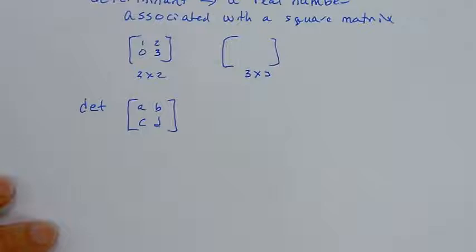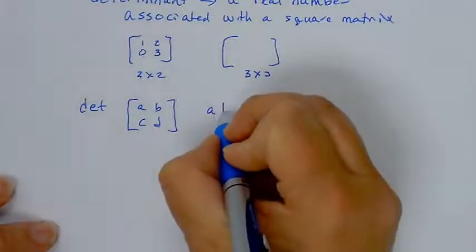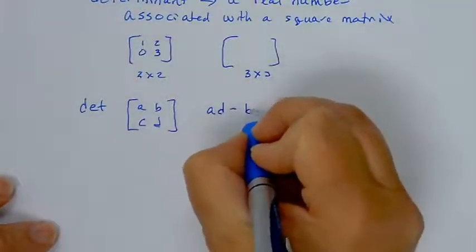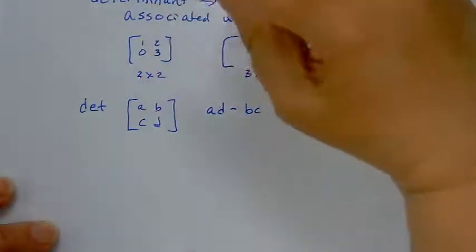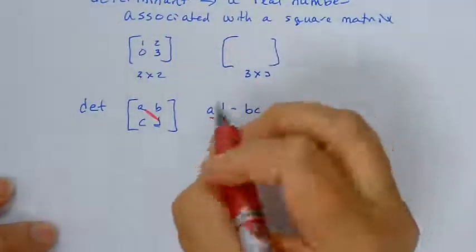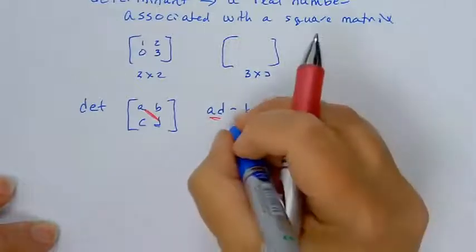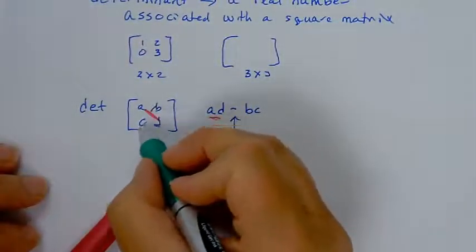A is row 1, column 1, B is row 1, column 2, and so on. To find the determinant, you take A times D and subtract B times C. That means you multiply these two numbers together and subtract the other two numbers multiplied together.